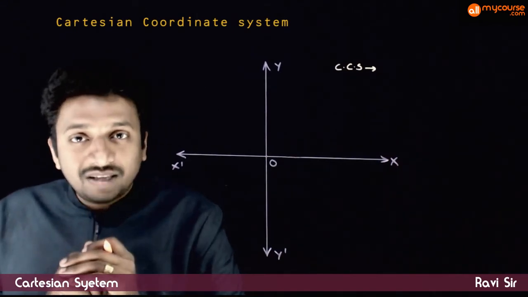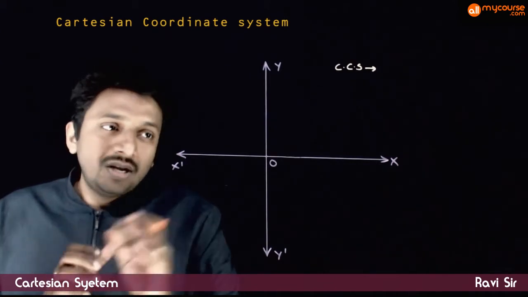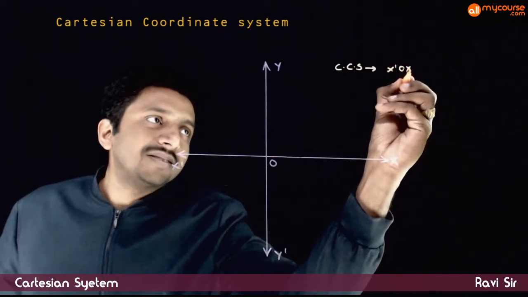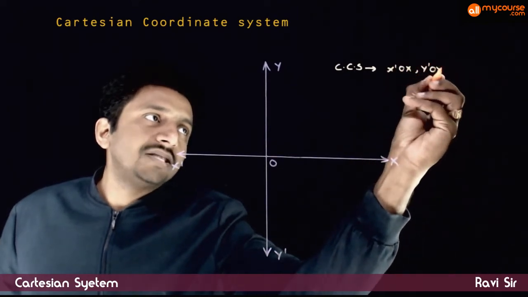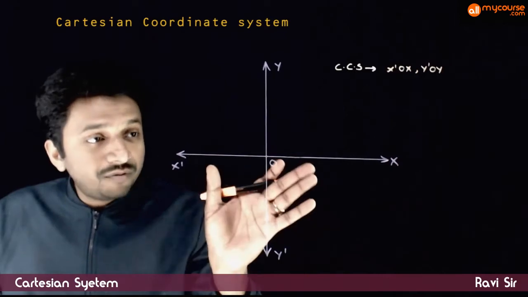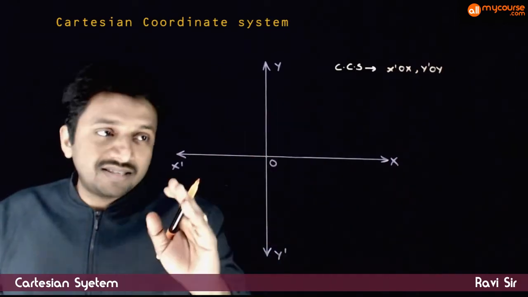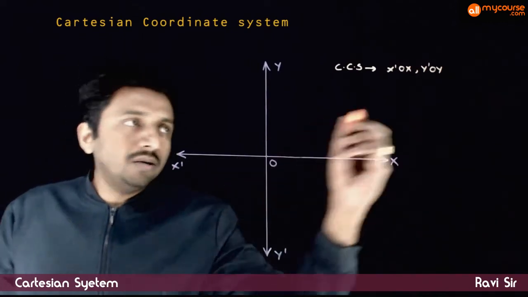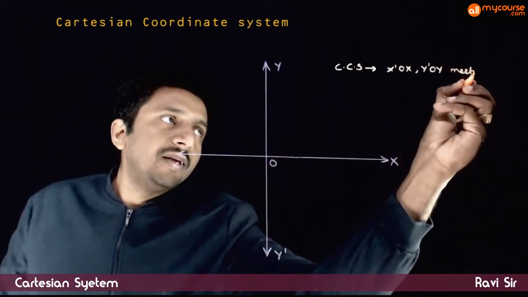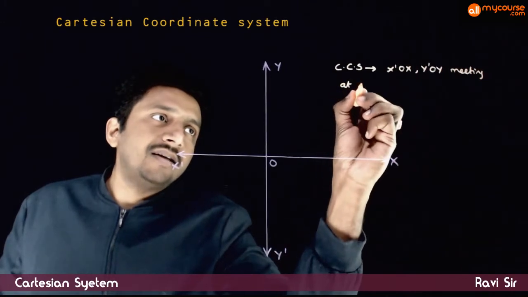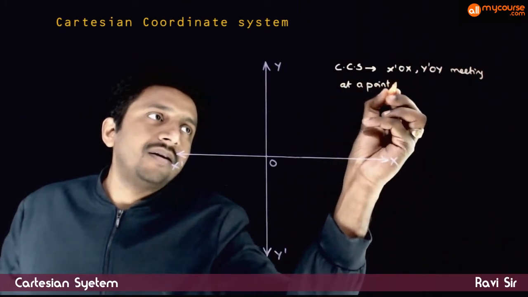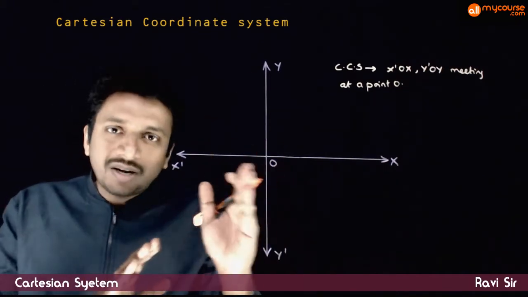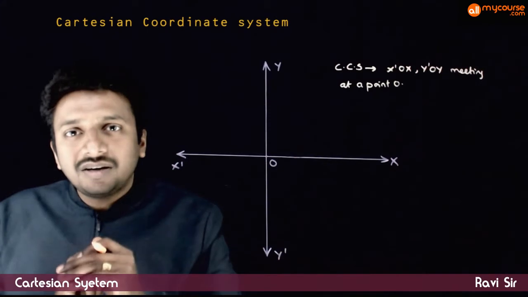It is nothing but a system of two perpendicular lines x dash ox and y dash oy meeting at a point O. So this system of two lines meeting at a point O constitutes the Cartesian coordinate system.